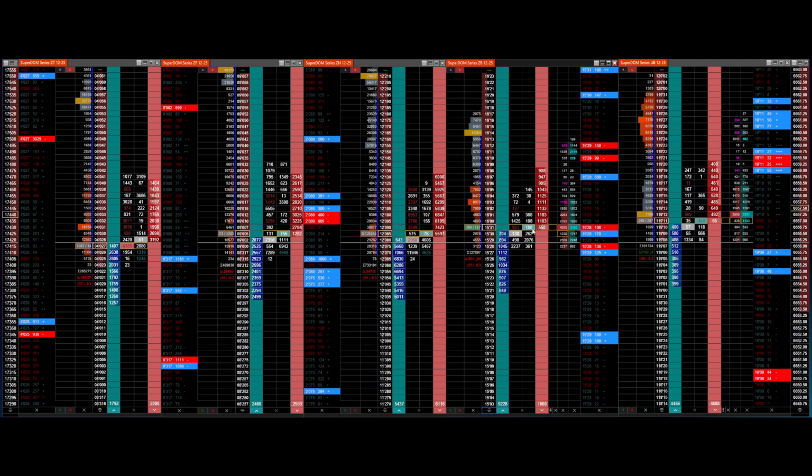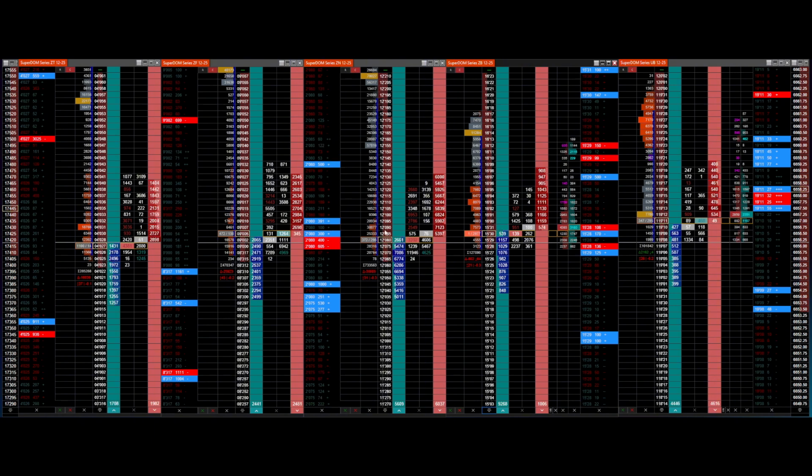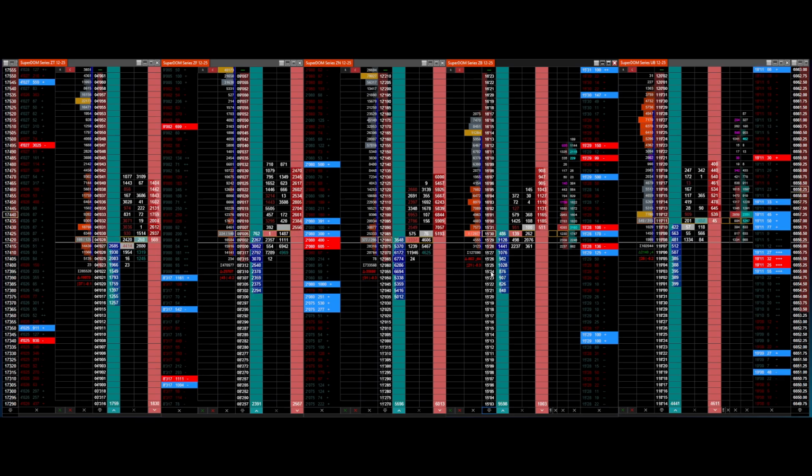Nobody is buying here. See this, now we have 100 contracts bought. Will they reload? 30s are firming back up. As we've seen, the 30s are kind of leading this army today.